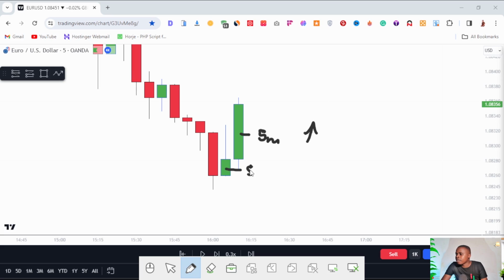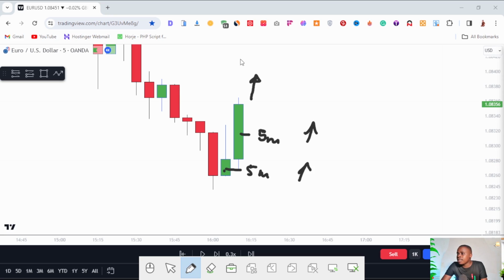We have another 5 minutes here where the market is pushing to the upside. For the last 10 minutes, the market has been trying to push to the upside. So it is more convincing that the next candle that is going to come up here is going to go to the upside, because the last two candles are showing that the market has been trending to the upside for the last 10 minutes.